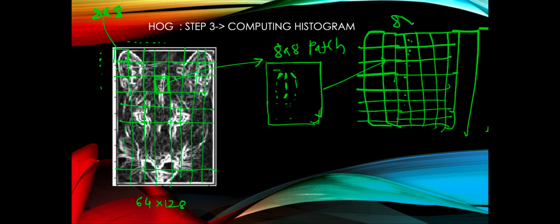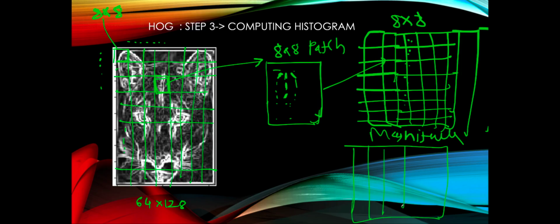Okay, this is 8 by 8, so this is the magnitude, and then we have a direction. This also will be 8 by 8, with 8 rows and 8 columns, and this is the direction.